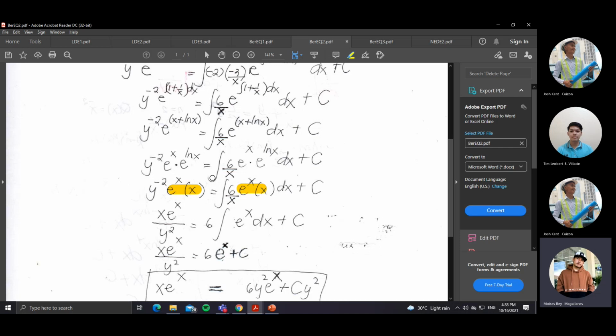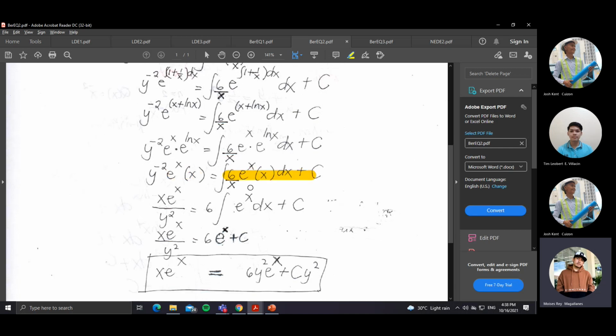And since we know how to solve the right side from earlier, the x cancels because they are the same. So it becomes x e to the power of x, or we can move the x here since it is constant before the integral.